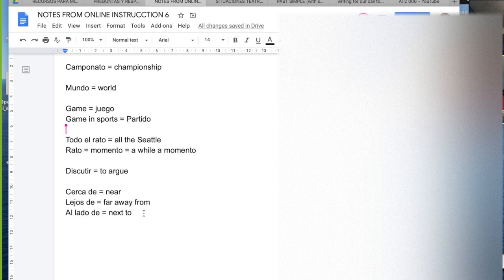Vale. Hannah, mira. Yo he dicho, es importante que vosotros tengáis en cuenta esto. ¿Qué significa, Hannah, tener en cuenta? ¿Tú qué crees que significa tener en cuenta, Hannah? To have. Muy bien, to have. ¿Cuenta? To count. Casi.